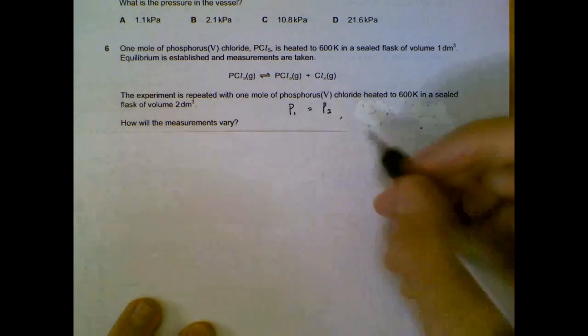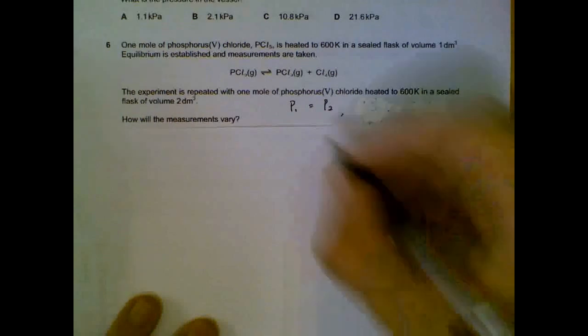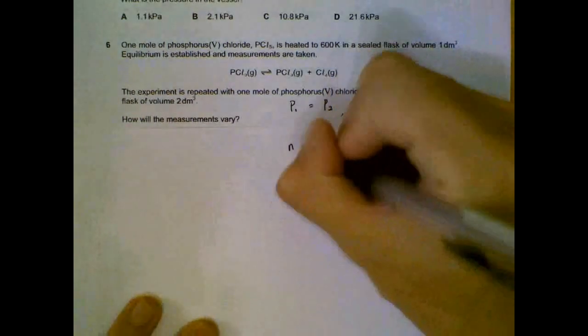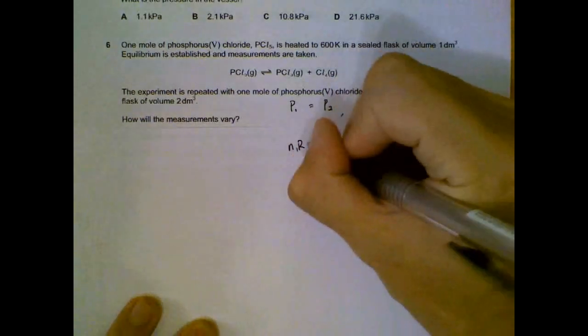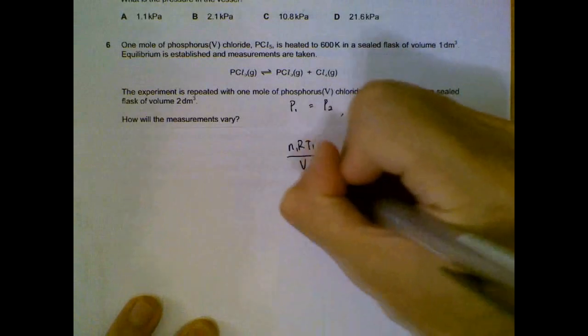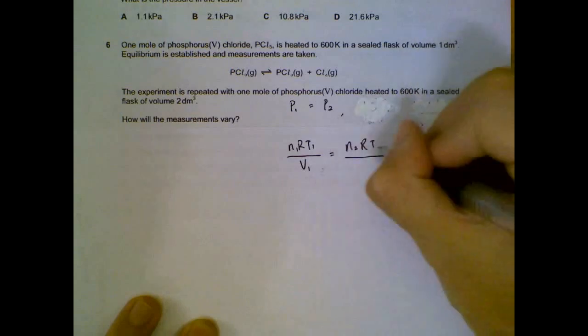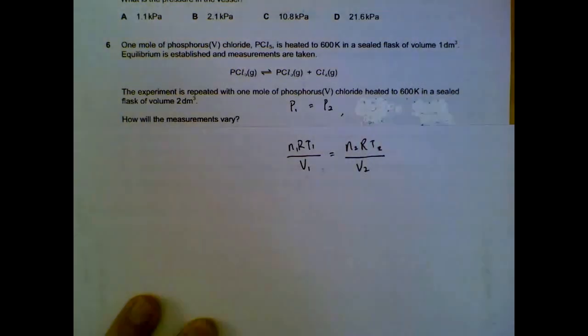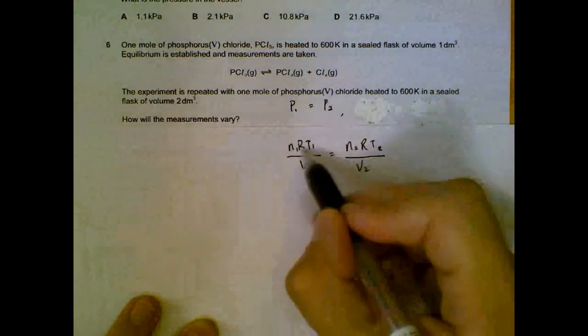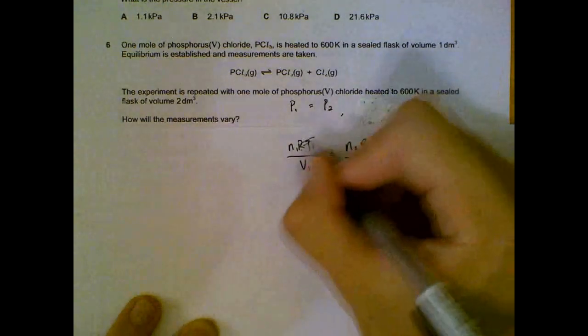We can use the gas laws again, and put the expression as nRT1 over V1 equals the number of moles times T2 over V2. Some of the variables are the same, the gas constant and the temperature. There's no change for the experiments.